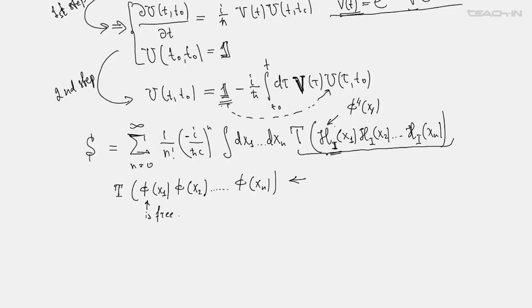Because the normal ordered product defines a good operator, because, for instance, when it acts on the vacuum, the vacuum will be annihilated, because all annihilation operators in the normal ordered product of fields are standing to the right. So in particular, if you have such a non-trivial operator and act with it on a vacuum state, then the vacuum state will vanish. So such an action will be well defined.